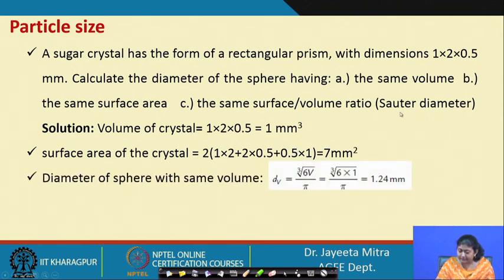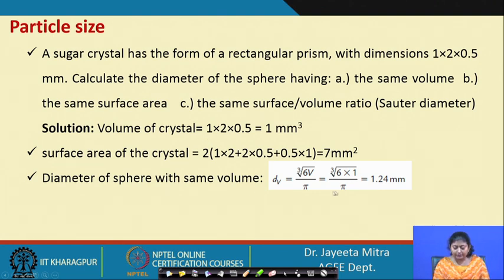First, with the same volume. If we want to calculate the volume, 4 by 3 pi r cube, we can convert this to pi d cube by 6, and put the volume here, because it should be equivalent to the volume of this crystal.